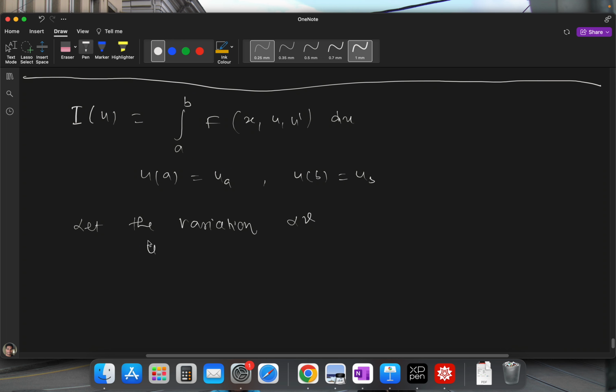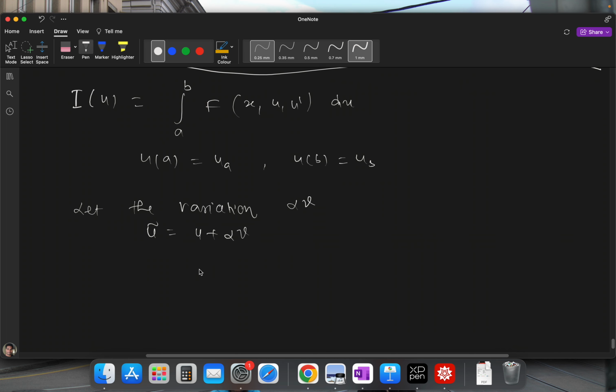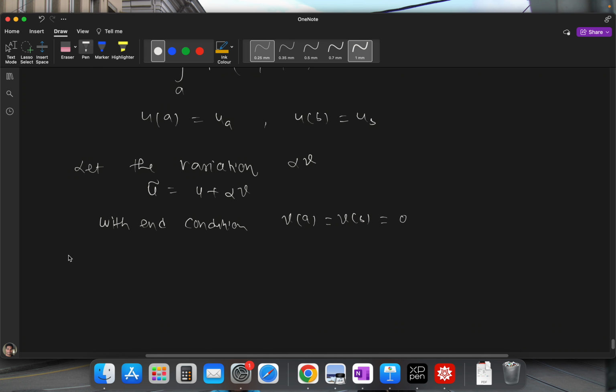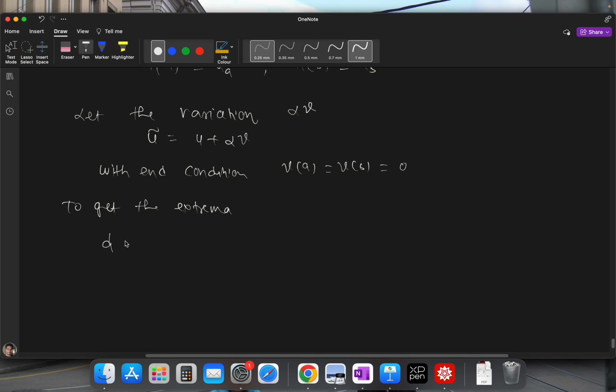So the modified u, u tilde, will be u plus alpha v, with the end condition, like we already saw, va equal to vb equal to 0. And we saw that to get the extrema, we will simply differentiate the functional.